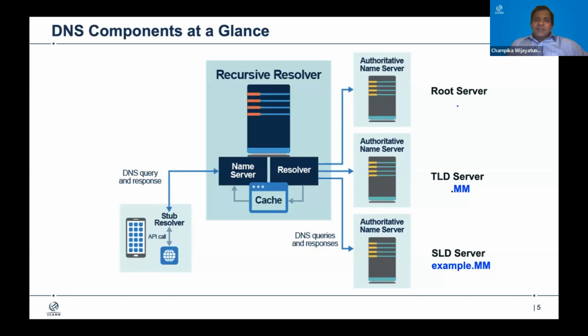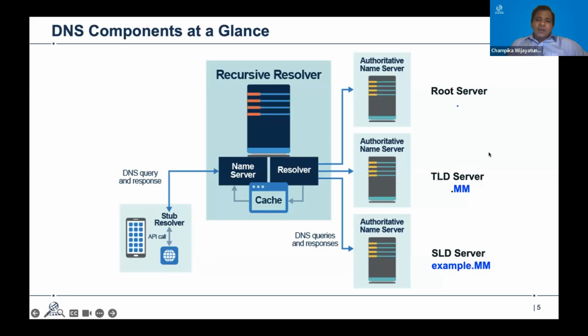So if you are managing a zone or your own namespace, administrative space, you're authorized to give answers for that space. If you are managing the root zone, you can give authorized answers for the data that is in the root zone.